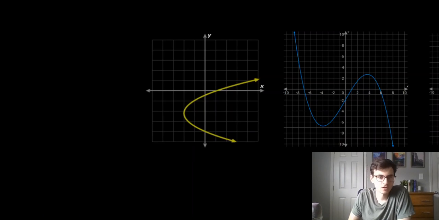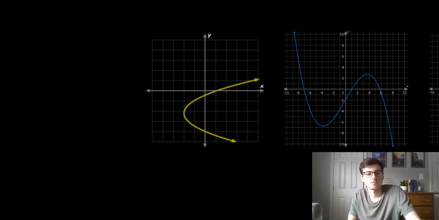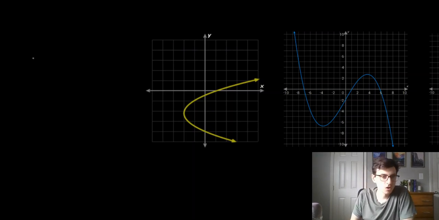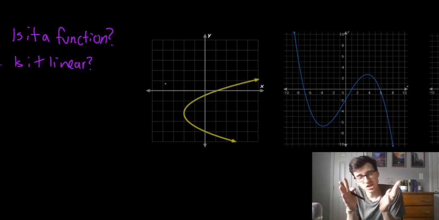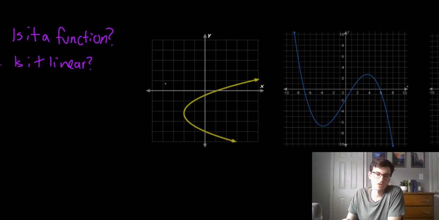Question 1 is, is it a function? And then question 2 is, is it linear? Because if it's not a function, then it doesn't even matter if it's linear or not, right? It can't be a linear function if it's not a function.